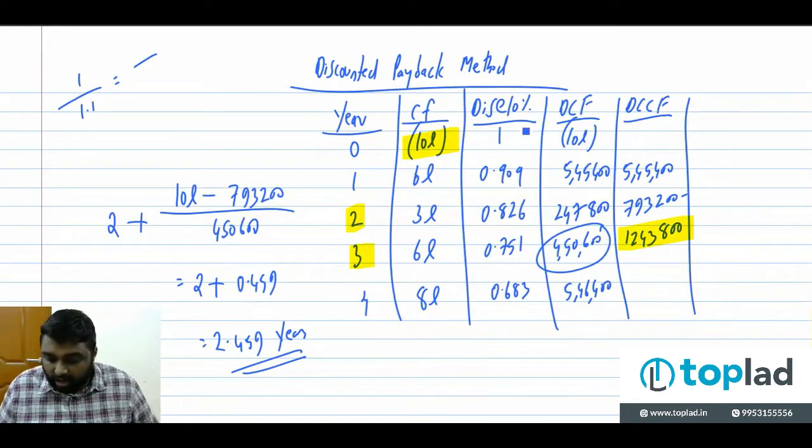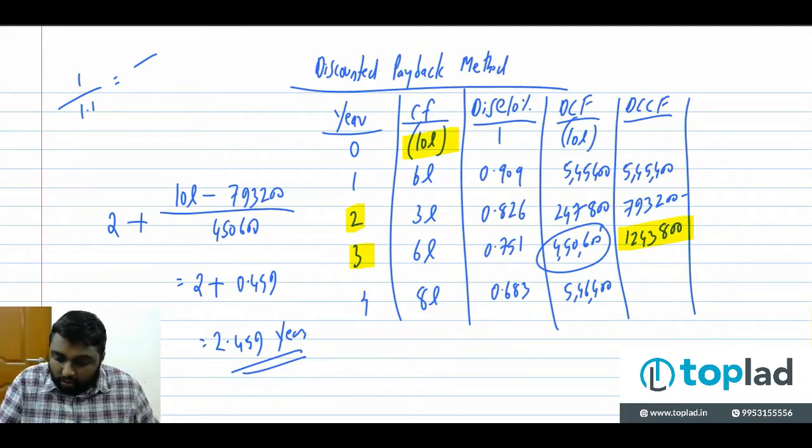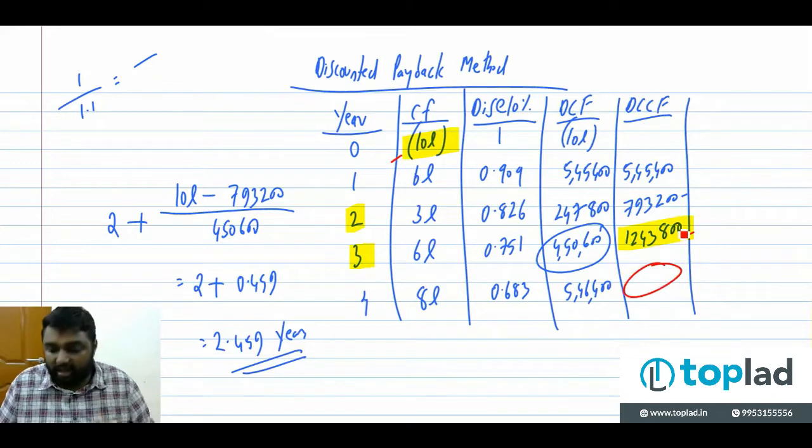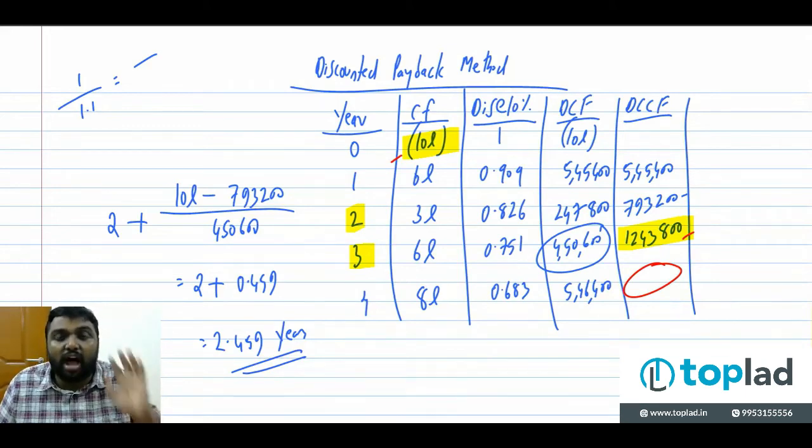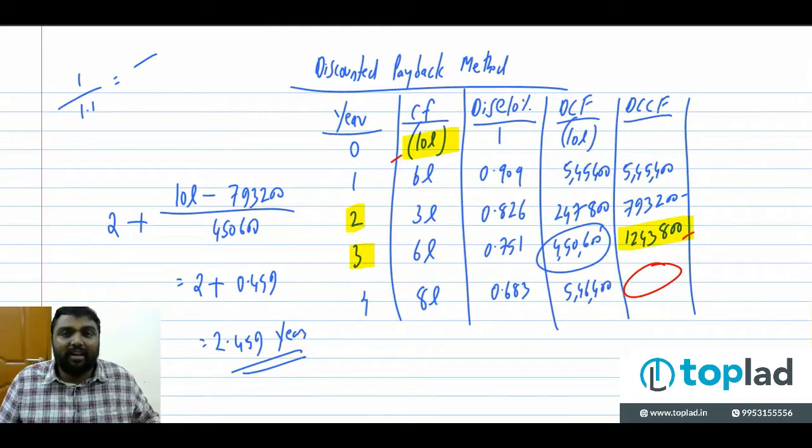See, we have already crossed our 10 lakh. We won't take the total here. We stop the calculation. That means discounted payback also has the second limitation: it doesn't consider the cash flow after the payback period.